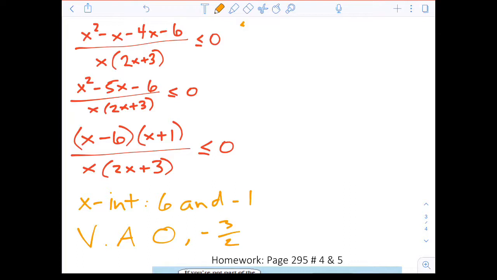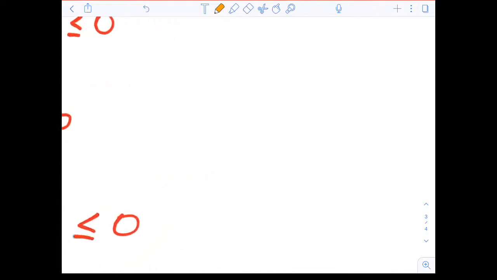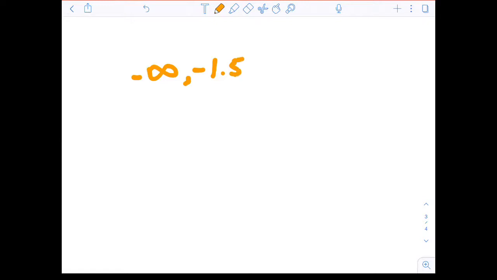So my interval has to be broken up by those numbers. -3 over 2, which is -1.5, -1, 0, and 6. So I'm going to make that my interval chart over here. We're going to have -infinity to -1.5, or -3 over 2. Then I'm going to have from -1.5 to -1.